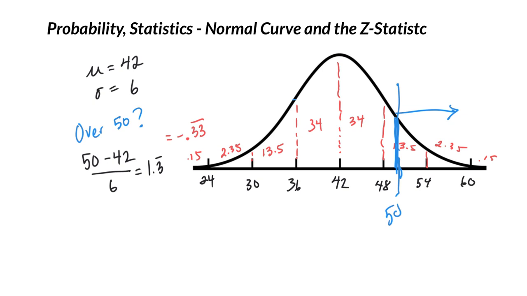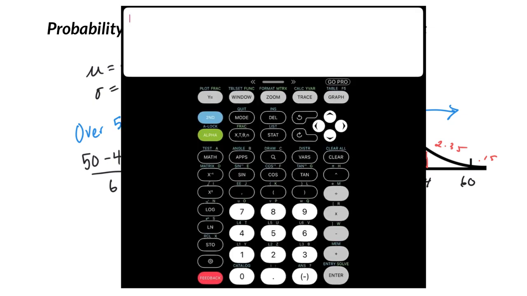Now, let's do this on our calculator. I'm going to hit second, and then the distribution, it's on vars right next to clear. And I'm going to choose normal CDF. That's what we're always going to be picking for this. I calculated my Z-statistic to be 1.33, and you see it says lower bound.